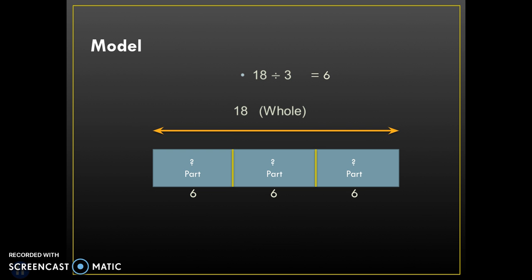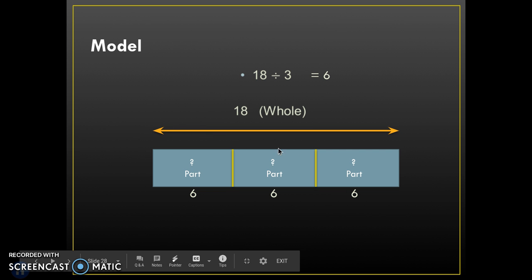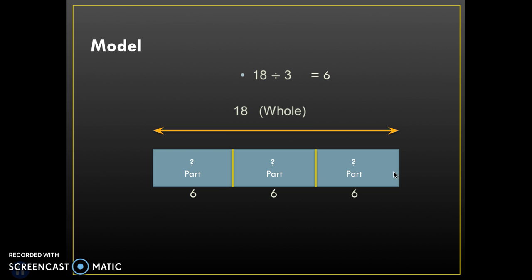I want you to look at this model. I've put it on the PowerPoint and the video for the last 3 days. I want you to see that there are other ways to model a division problem. You're going to see a yellow arrow located here. That arrow is going the full length of these 3 boxes that are connected in between.